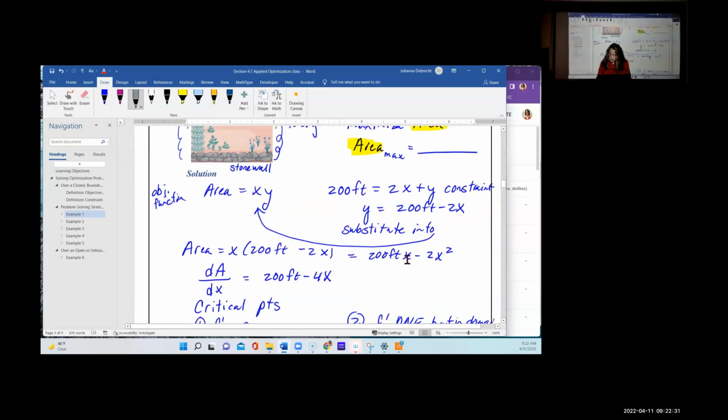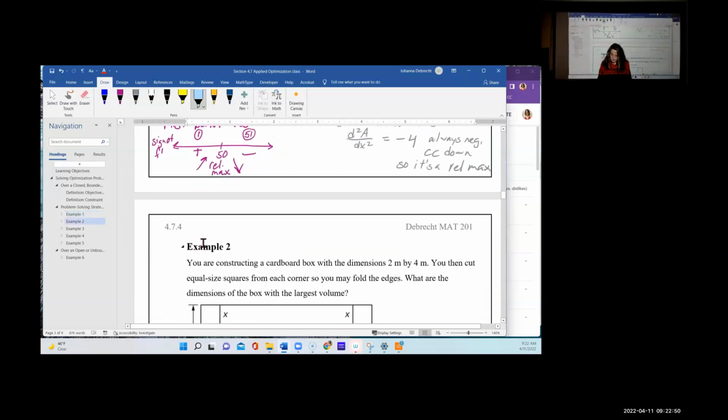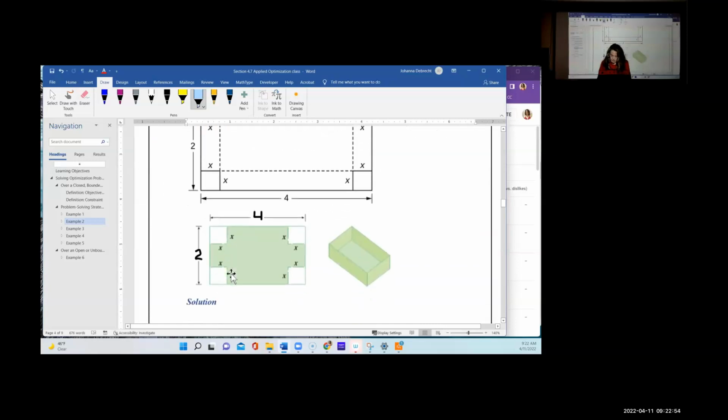So if we're coming back up here, remember that I want the area at the maximum. So to find that value, I need to plug it back into this equation right here. So this is my original function that you see highlighted in blue, 200 feet x minus 2x squared. So let me create a little bit of space.